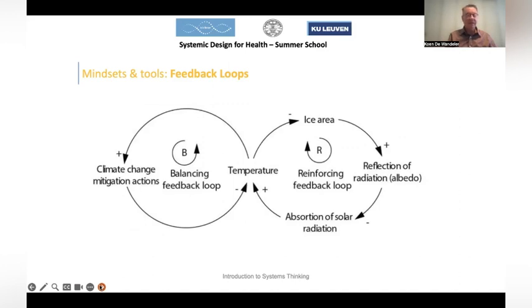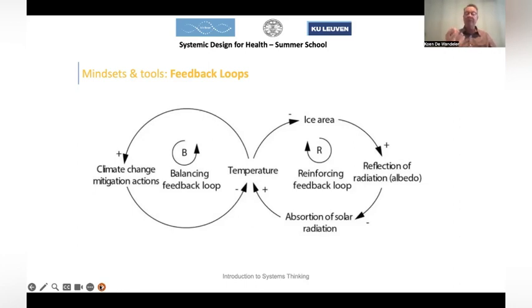So on the left-hand side, you see a balancing feedback loop, meaning that when the temperature is rising, international agencies come together and decide on climate change mitigation actions.